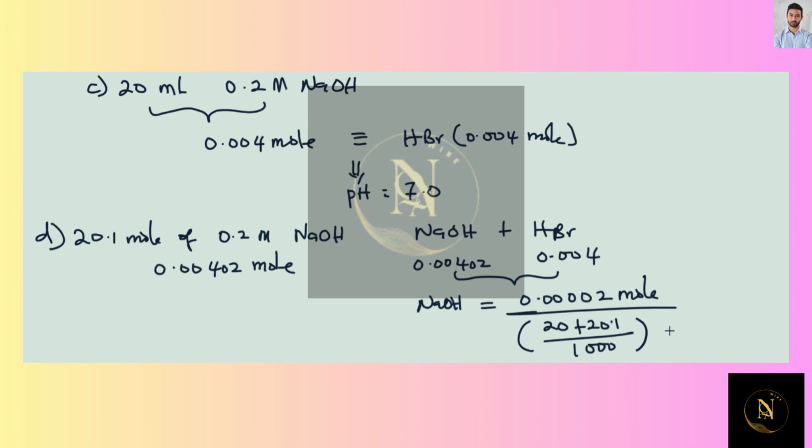So this would be 0.00049 molar. So that's the concentration of the sodium hydroxide. Then the pOH will be the negative logarithm of that.